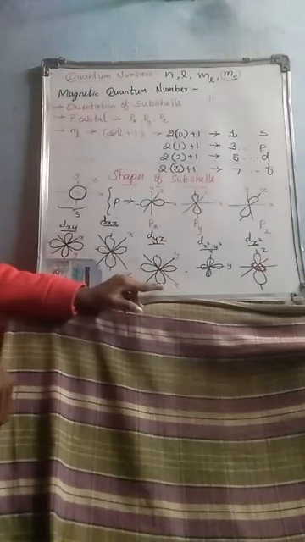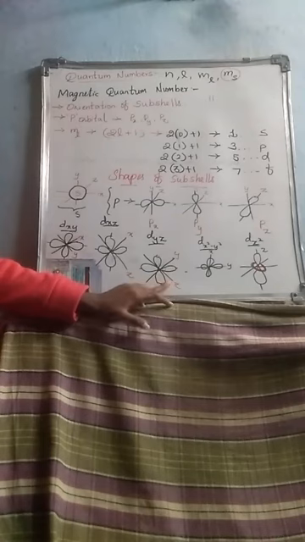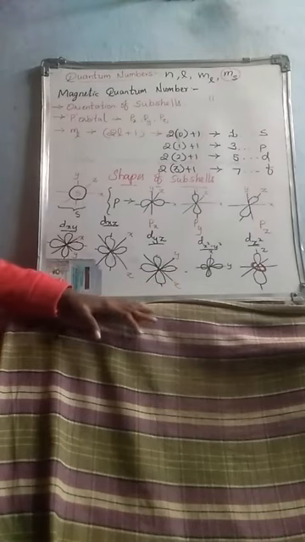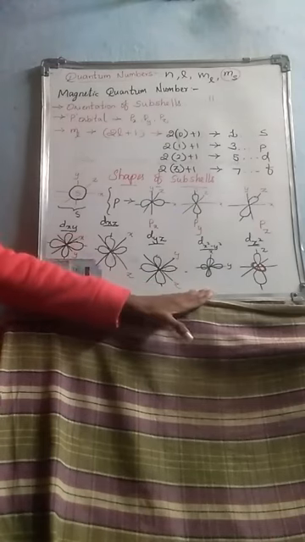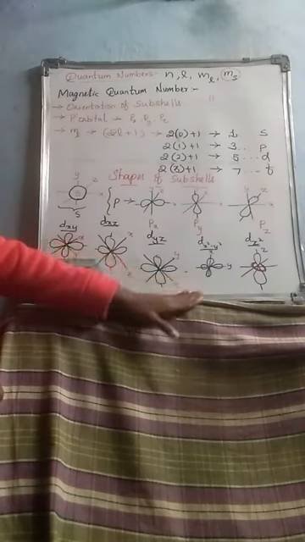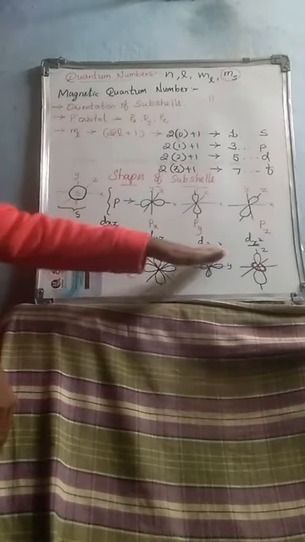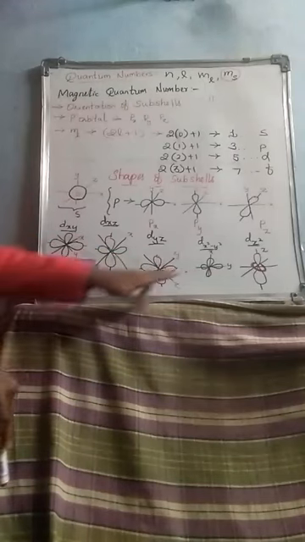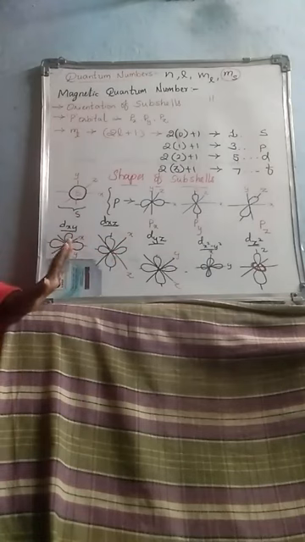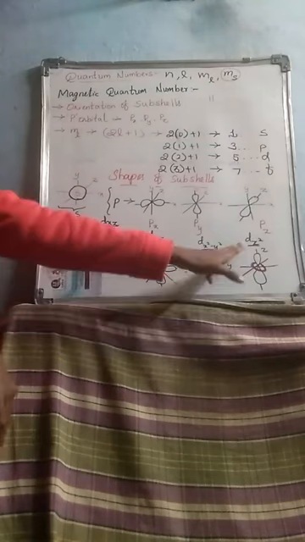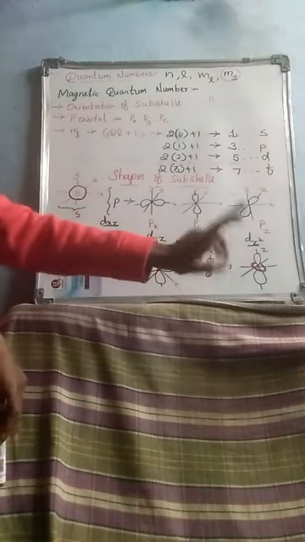Here the lobes of the orbital will be present between the z and y axes. So this is the fourth orientation of the d orbital. Here dx square minus y square means the lobes will be present along the x-axis and y-axis. And the last and final fifth orientation of the d orbital is dz square.